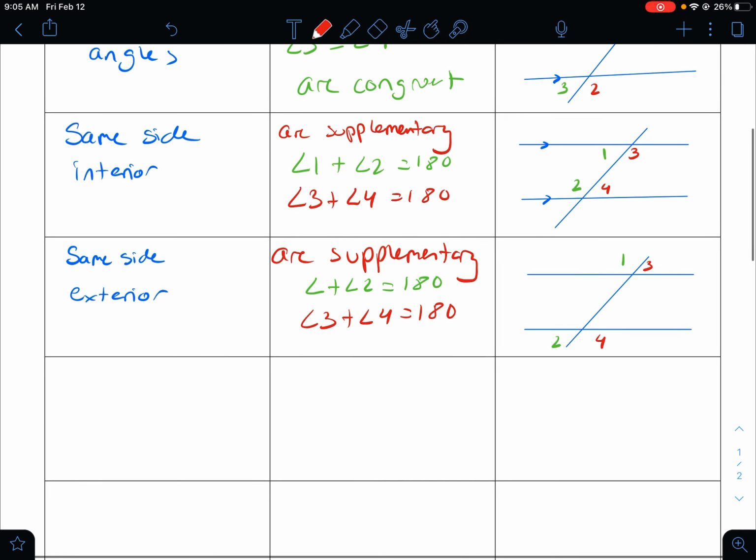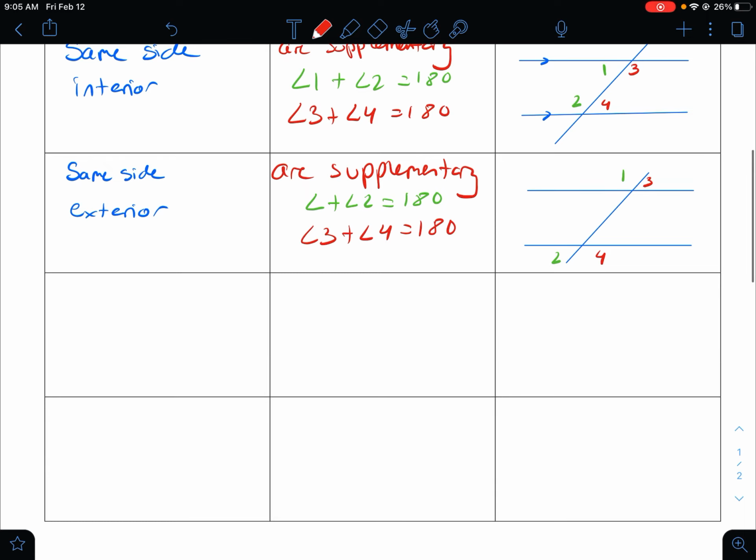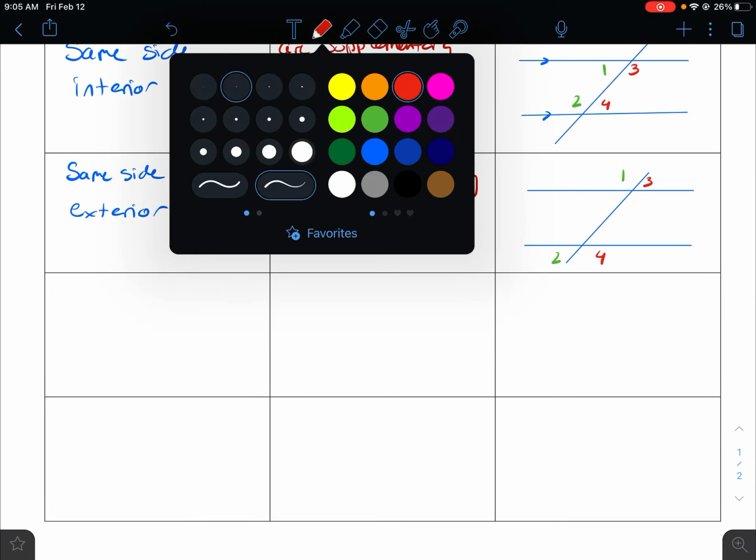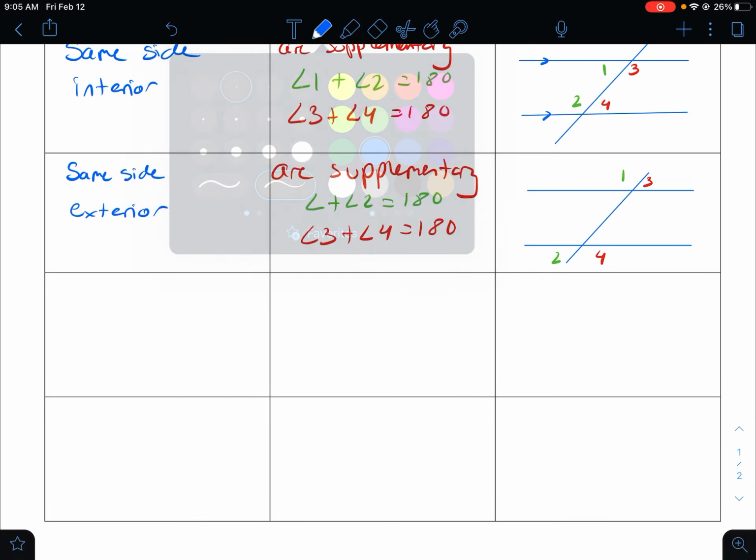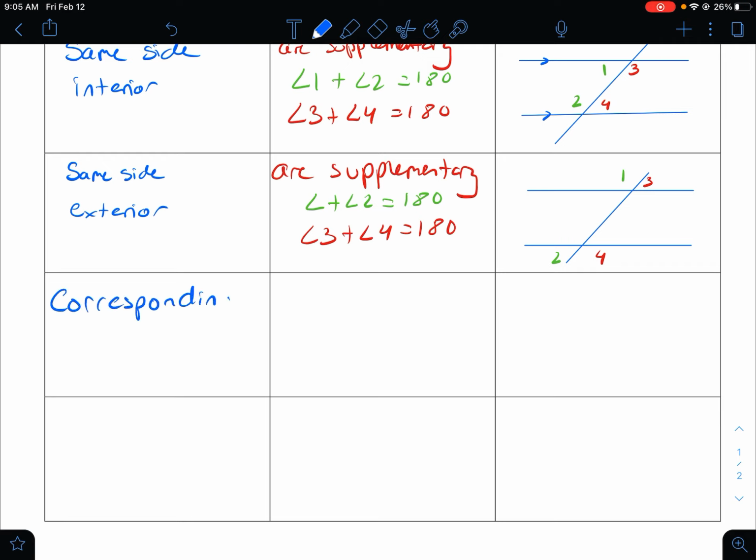All right, cool. Now let's look at corresponding angles. All right.